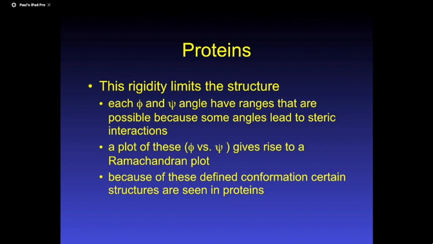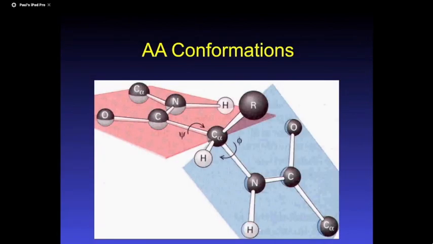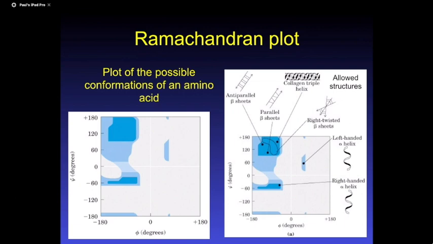Now, a plot of these possible available angles is called a Ramachandran plot. These are the phi and psi angles, what's in front and behind the alpha carbon, or the carbon that has the R group on it. Here's an example of what a Ramachandran plot would look like.